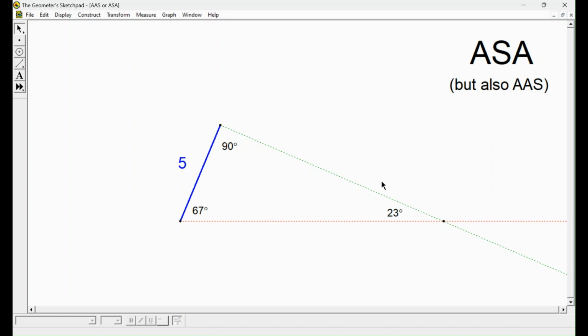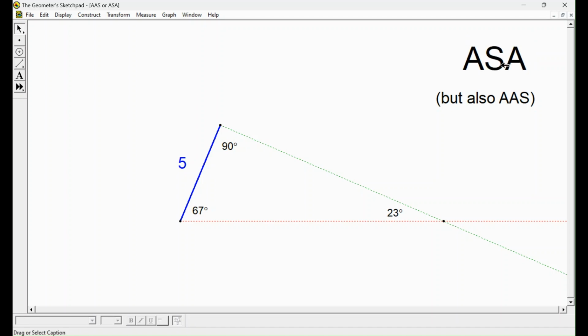So the whole idea of, if you look up here at these two names, the whole idea of, well, do we know the side between the two angles, or do we know a side that's not between the two angles, is really a moot point, because the minute we have an angle, angle, side situation, where the side we know is not between the two known angles, well, we know the third angle automatically anyways, so the side we know is always between two known angles, because we know all 3 of them.